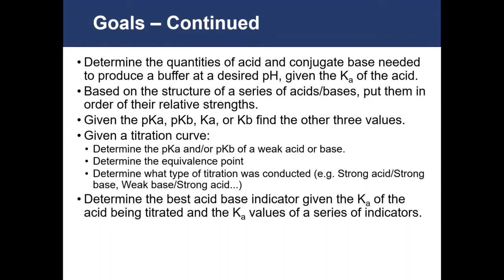Determine what type of titration was being conducted: strong acid, strong base, weak base, strong acid, etc. Determine the best acid-base indicator given the Ka of an acid being titrated and the Ka values for a series of indicators. For this particular series, acid-base chemistry, there are some terms that will be important.